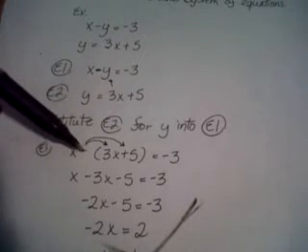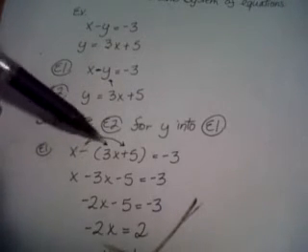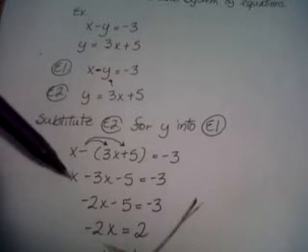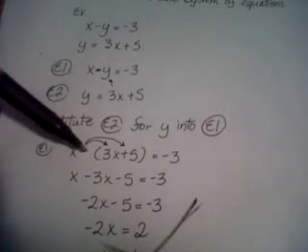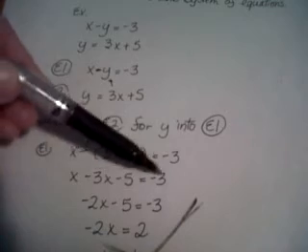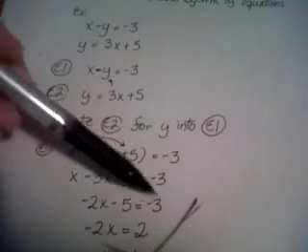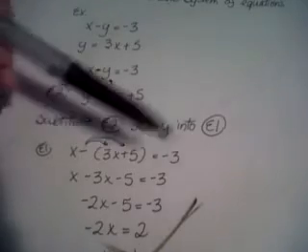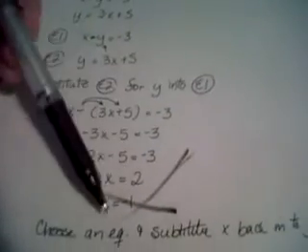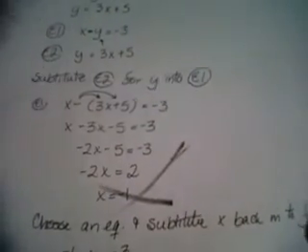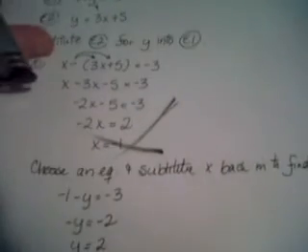And when I do that, I need to remember to use my distributive property and distribute that negative. So I get x minus 3x minus 5 equals -3. Combine like terms, so I get -2x minus 5 equals -3. Then solve for x. I solve it all out, and I get x equals -1.